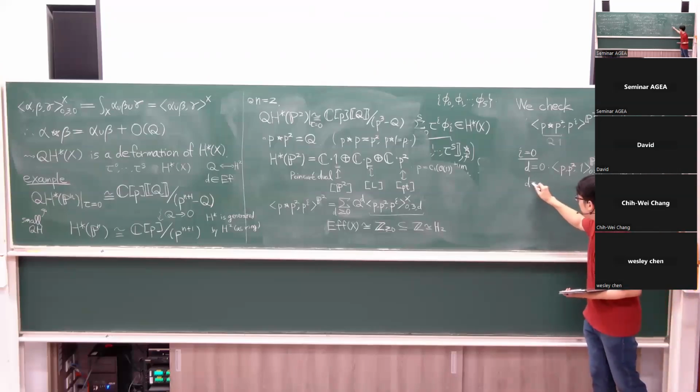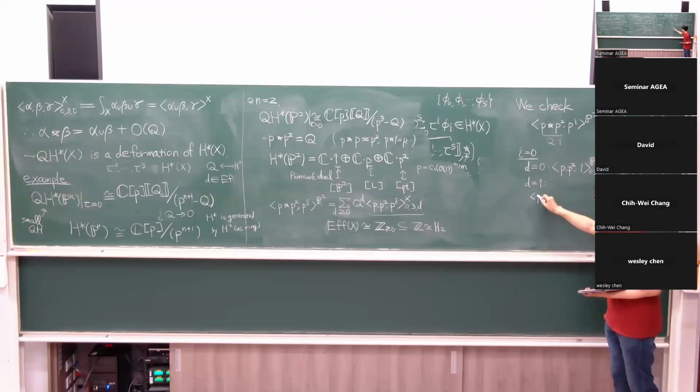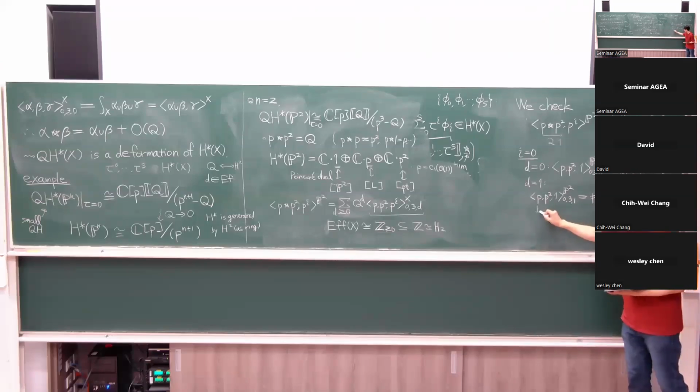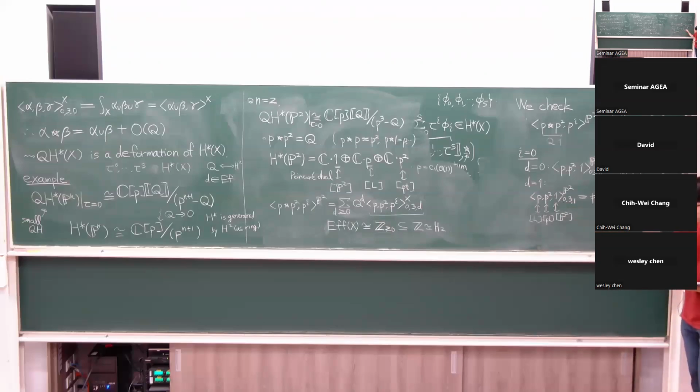And for d equal 1, we first take Poincare duals and put them on P2 in a general place.